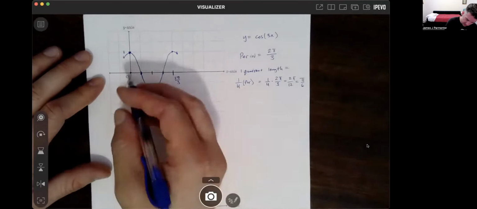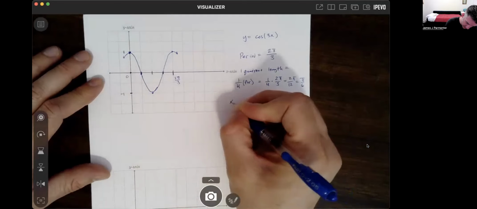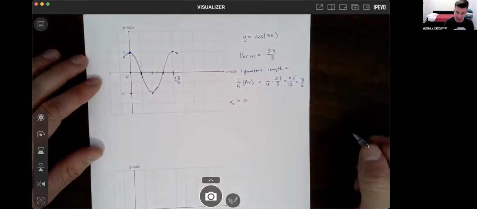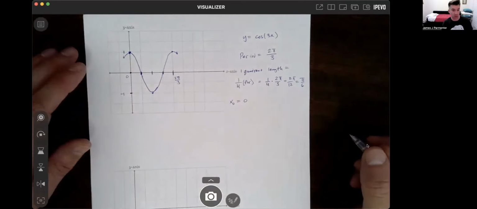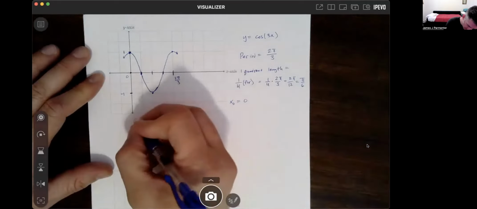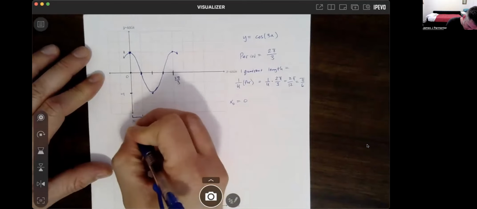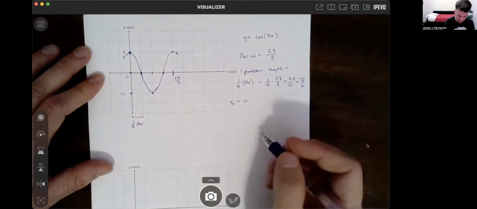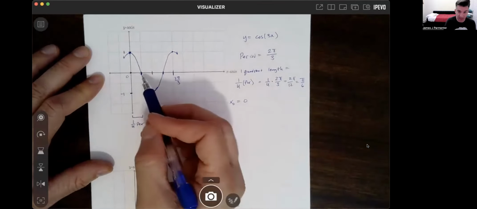So my first x value, which I like to call x sub 0, is 0. And then my next one is just going to be 1/4 or 1 quadrant away. So this length here is 1/4 of my period. And that's equal to pi over 6. 0 plus pi over 6 is pi over 6.